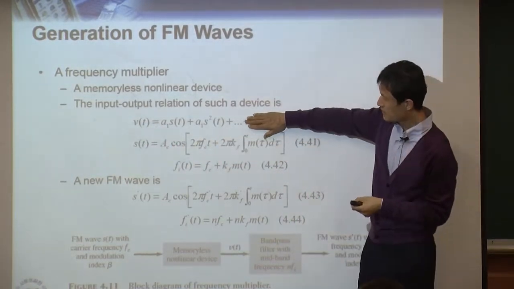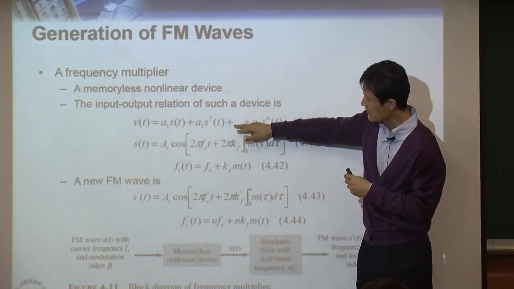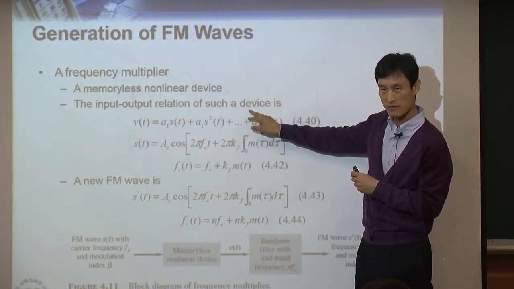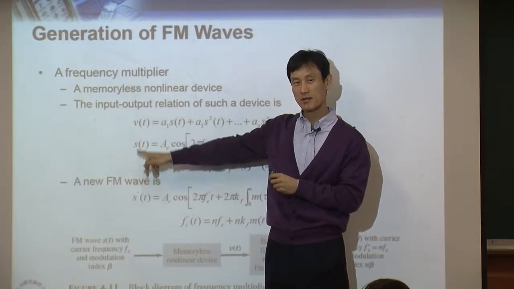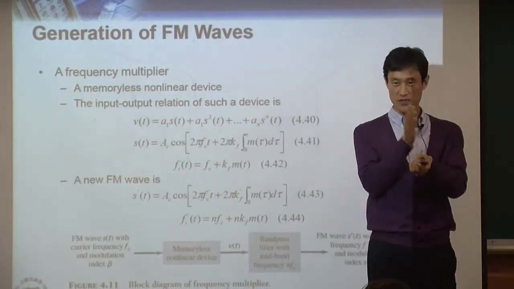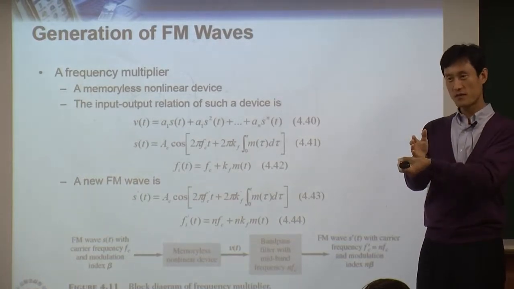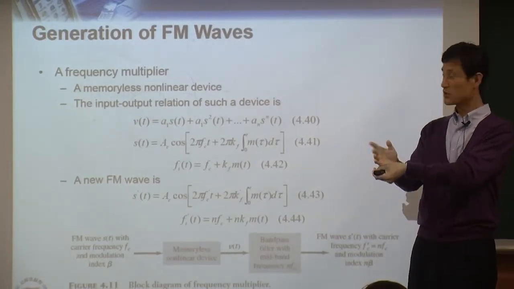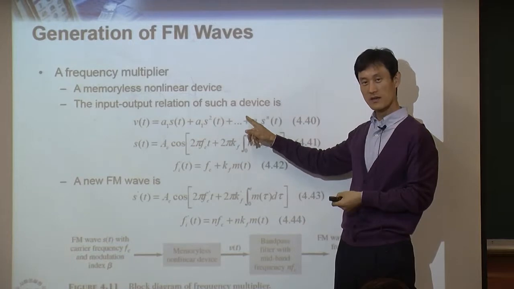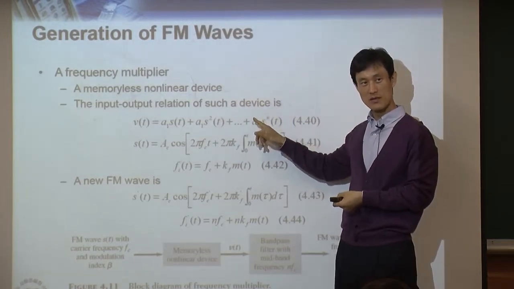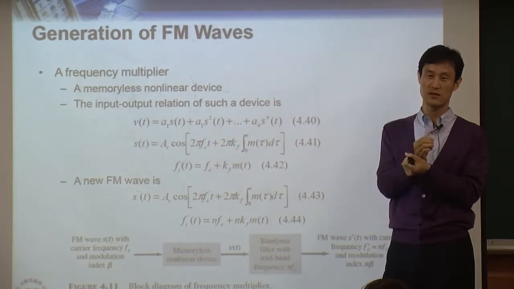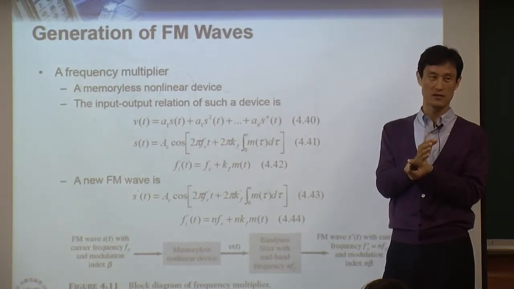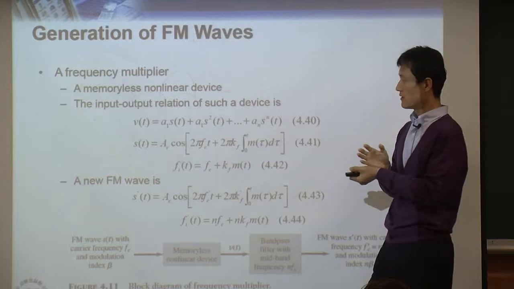Now let's think about another term, c s cubed, the s cube term. Then what do you get as output? It's like a cosine at fc frequency, 2fc, 3fc, because we have a cube term, right? S to the power 3. From that, we are going to get 3 times the frequency, 3fc, right?